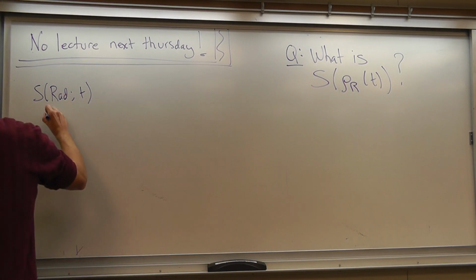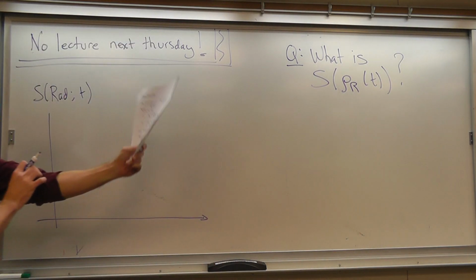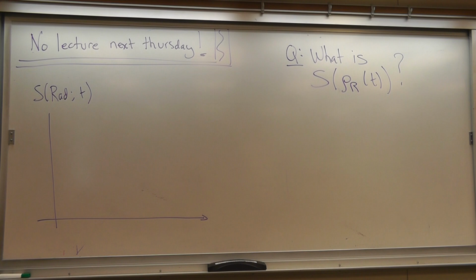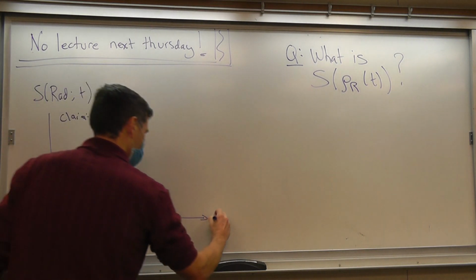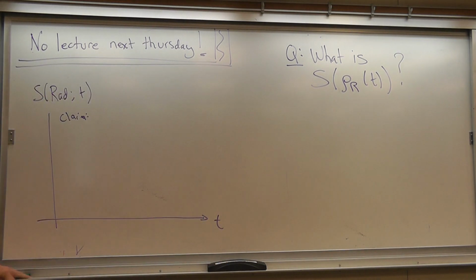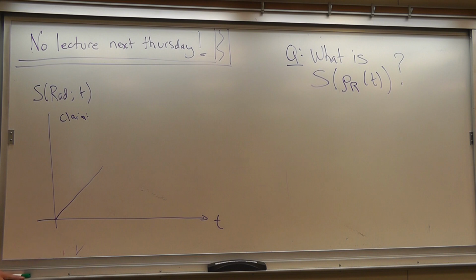The claim is that it looks like this. So here's t. It goes up for a while. Why is it going up?